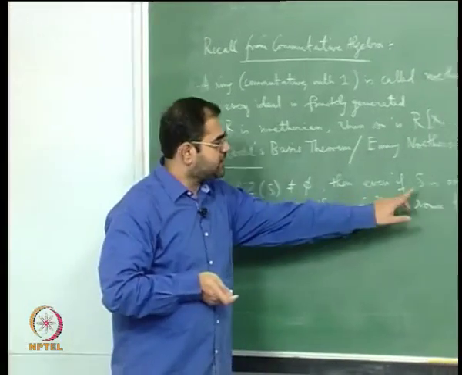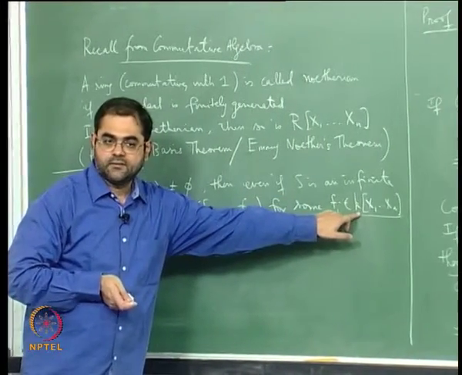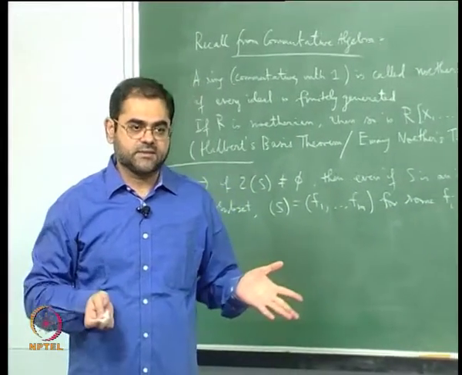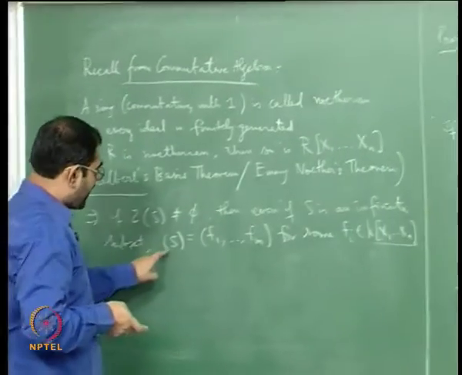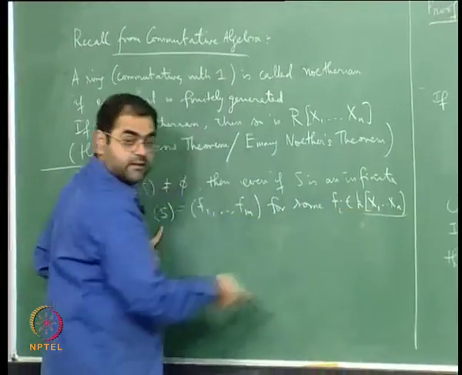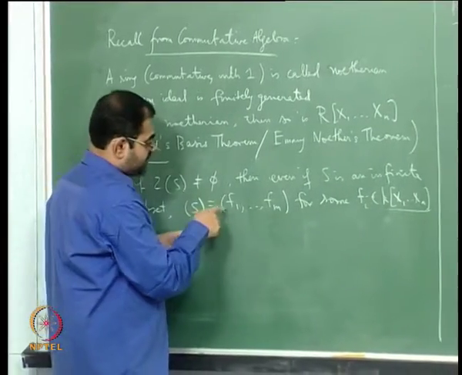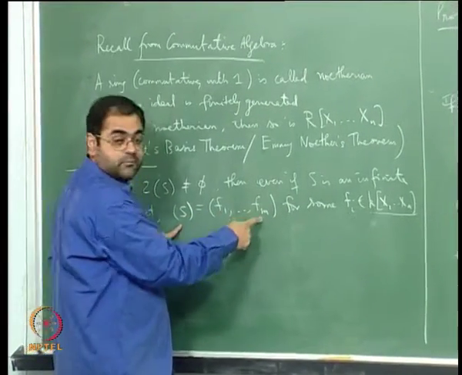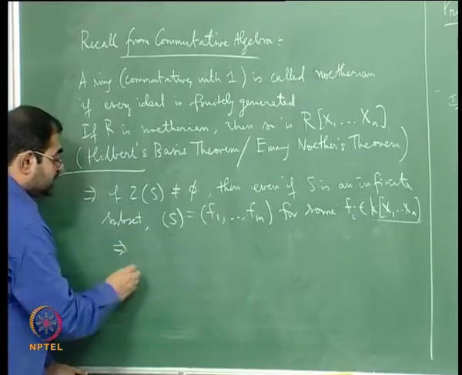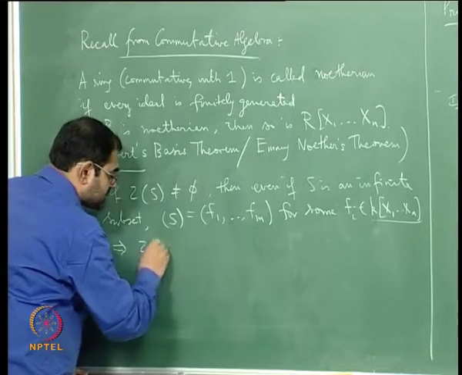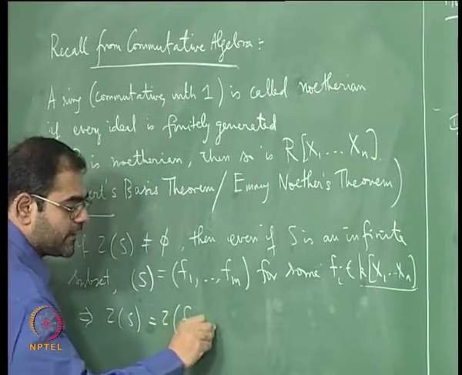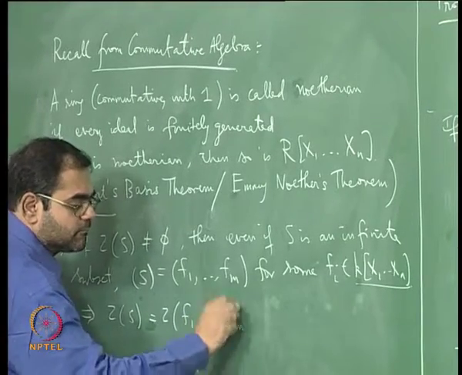Therefore this polynomial ring in n variables over a field has every ideal finitely generated. So if I start with a subset S of that, no matter that subset is probably even an infinite subset, if I pass to the ideal generated by that subset, because it is an ideal in this Noetherian ring, it is finitely generated, which means that it is the ideal generated by finitely many polynomials. And so Z of S becomes just Z of F1 up to Fm.